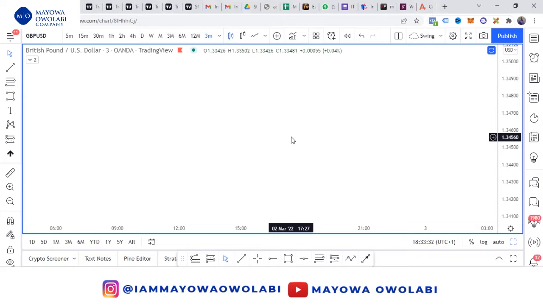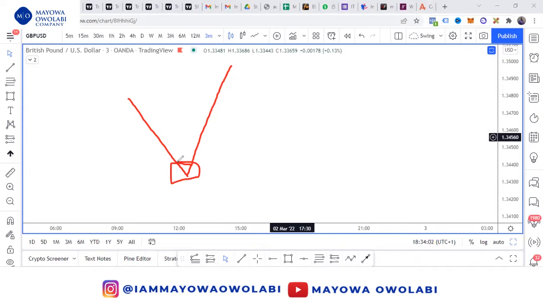Now, what makes order blocks simple? To understand how order block works, take it as what happened. There was a previous bearish move that created a new bullish move. An order block is situated inside here. That is where an order block is.